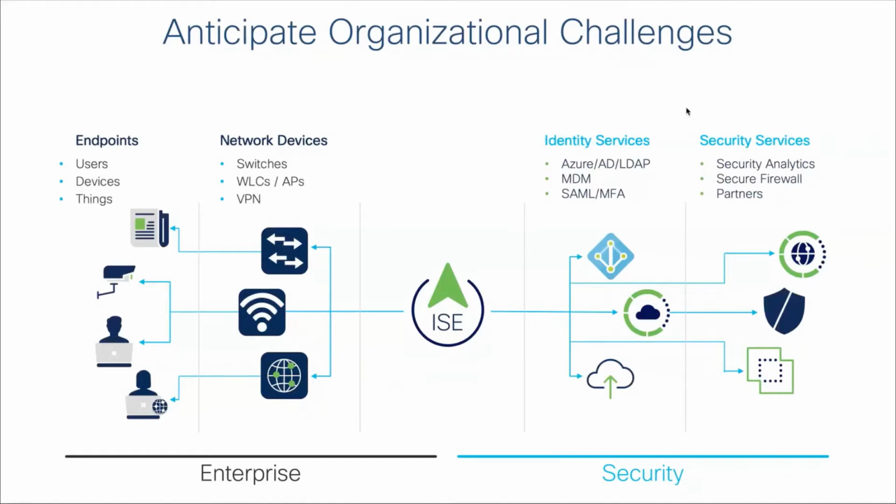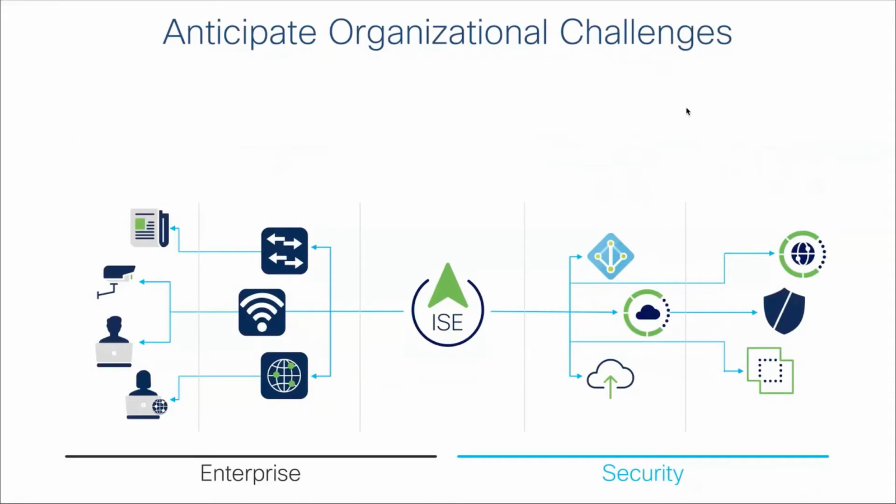So this is typically how we look at ISE, right? And as we found out, most of you are on the enterprise side or the security side, but we also have some of you from the IT and the OT organizations out there too. And I'm sure you are familiar with all this.